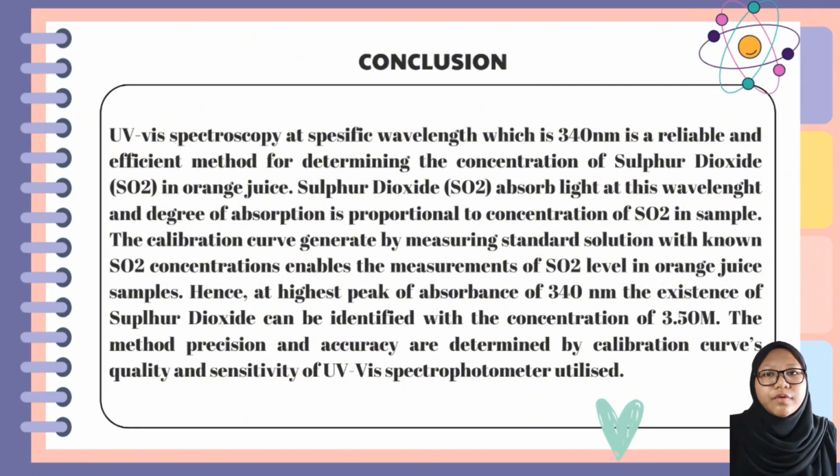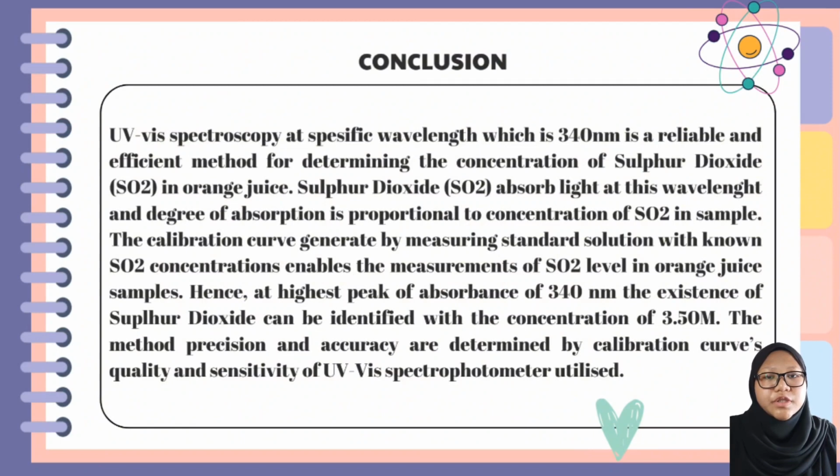Hence, UV spectroscopy at a specific wavelength, which is 340 nm, is a reliable and efficient method for determining the concentration of sulfur dioxide (SO2) in orange juice. Sulfur dioxide absorbs light at this wavelength, and the degree of absorption is proportional to the concentration of SO2 in the sample.